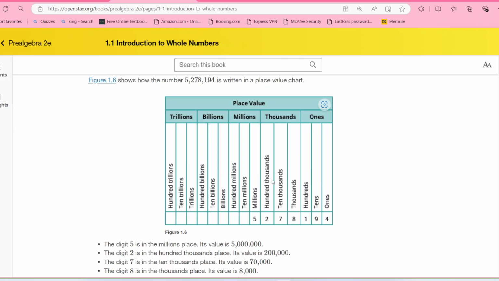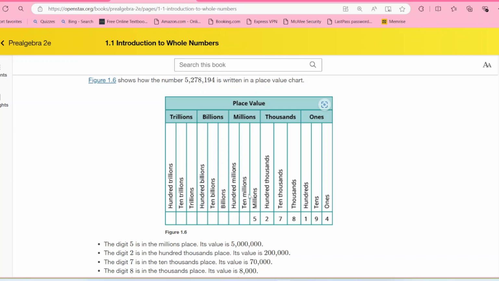Then you have the 100,000s place, and 100,000 is 10 10,000s. Then the millions place, and a million is 10 100,000s.